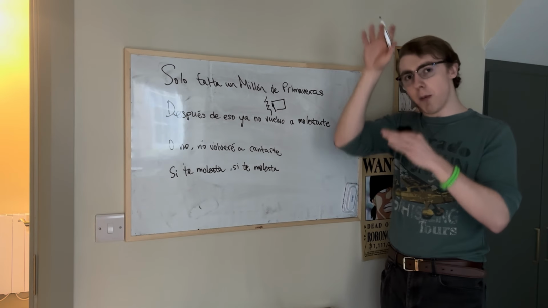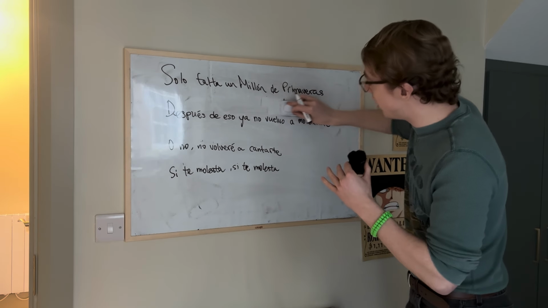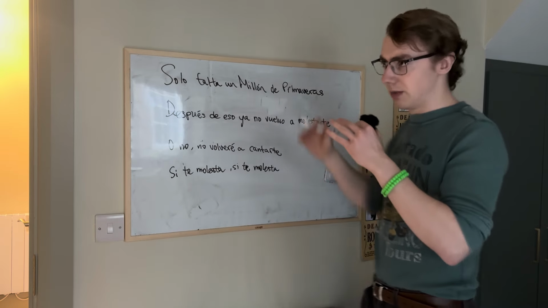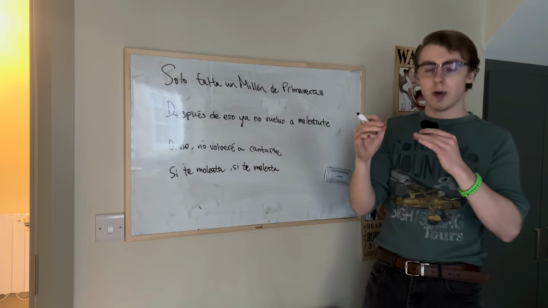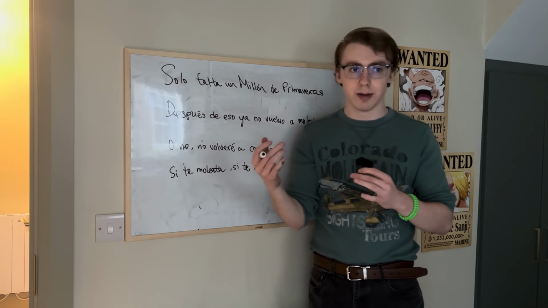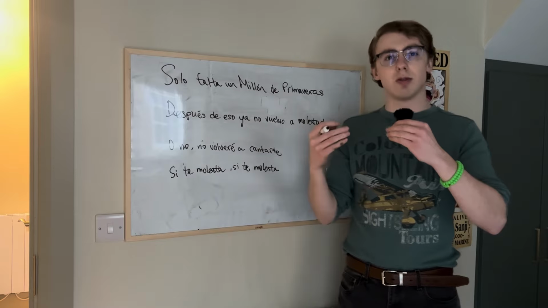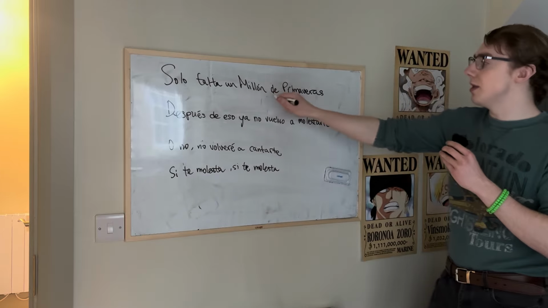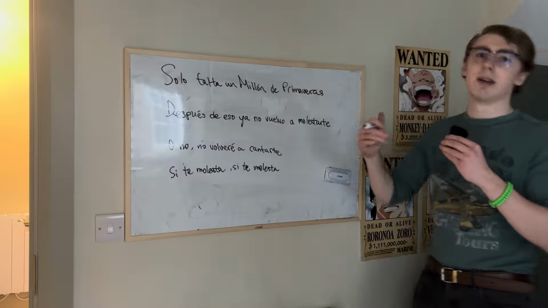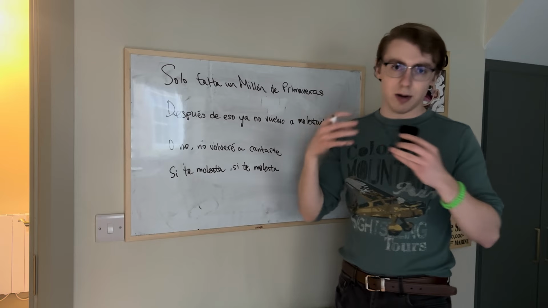It's a little more open, right? So just keep that in mind in general when you're using music to learn songs, especially if there are high notes involved. You might hear a vowel placement that is different to what's typically spoken simply because it's easier or more convenient to sing. So, solo falta un millón de primaveras, but it might sound something more like da or de when someone's actually singing it.